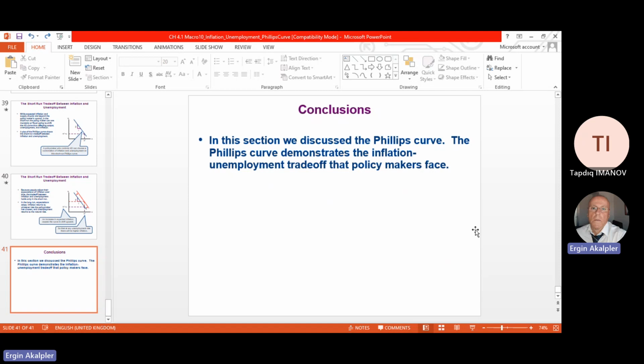As a conclusion, in this section we discussed the Phillips curve. The Phillips curve demonstrates the inflation and unemployment trade-off that policymakers face. I have given you the equations of inflation, of unemployment, and of expected and potential GDP, also called output, and shown how they affect and change inflation and unemployment.